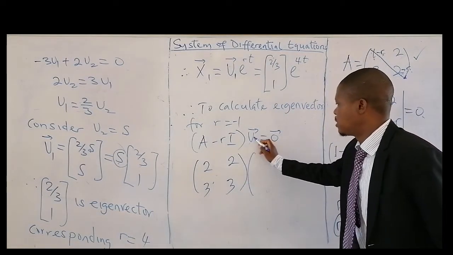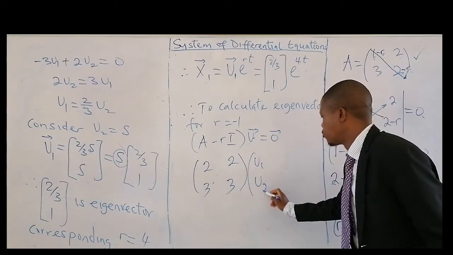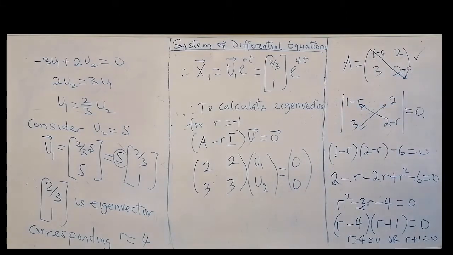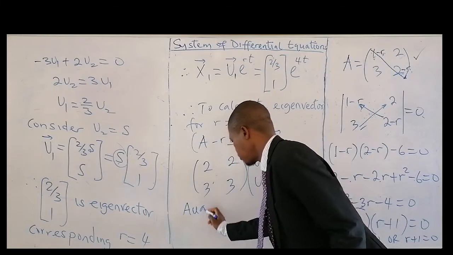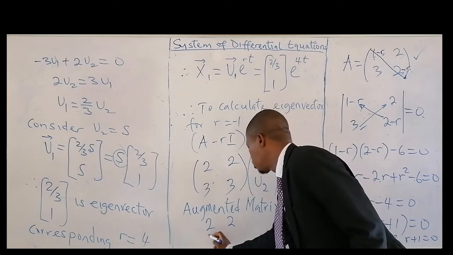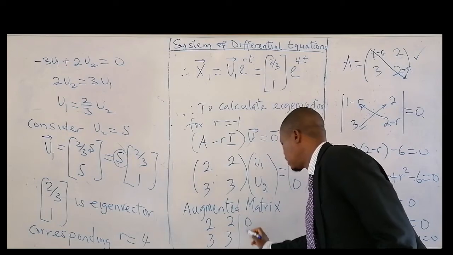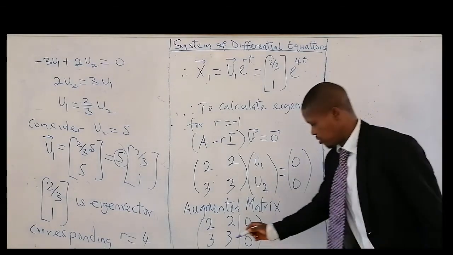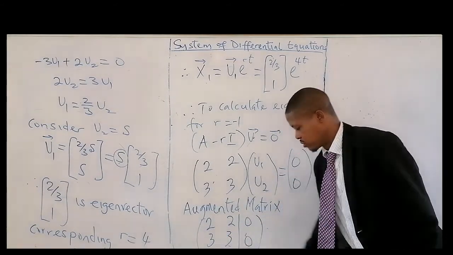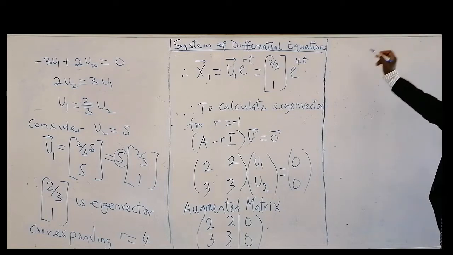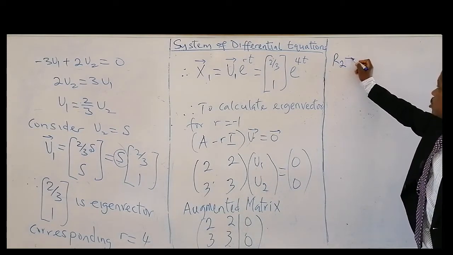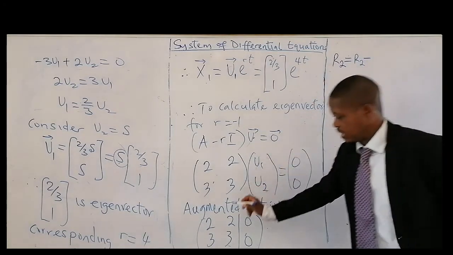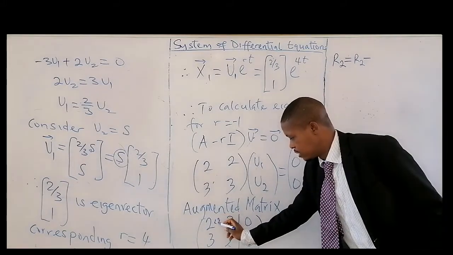Okay, then the component of this will be u1 and u2 equal to this. Then the augmented matrix will be 2, 2, 3, 3, then you put a line, 0, 0. So that's the augmented matrix. Then you want to also ensure that at least one of the elements in the second row is 0. So what we'll do there is row 2 is equal to 2 minus, can't you multiply this one by 3 over 2?